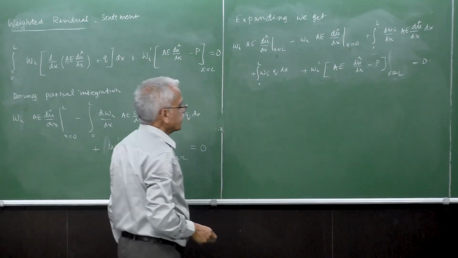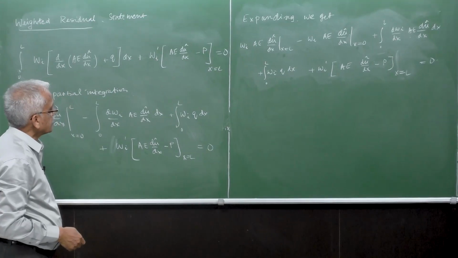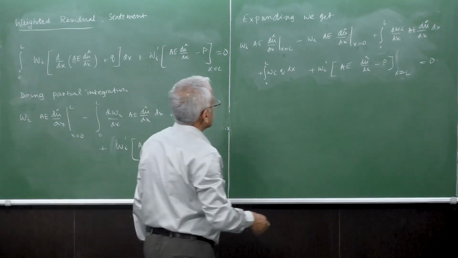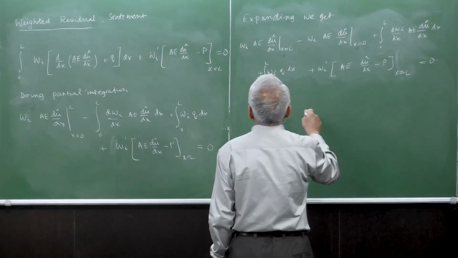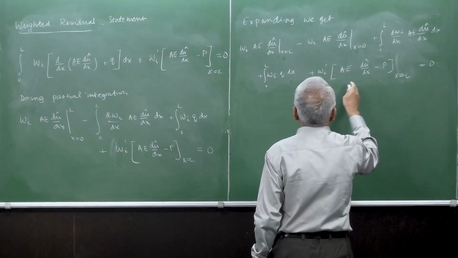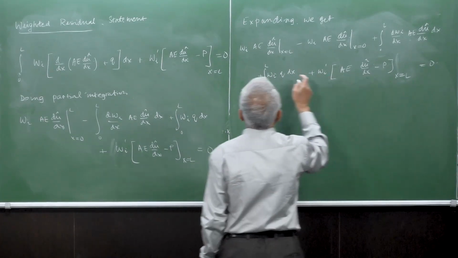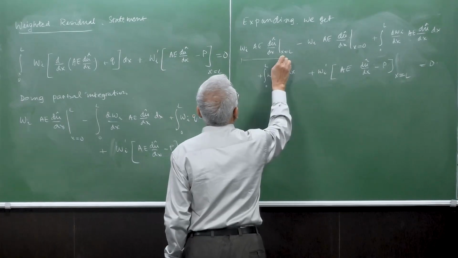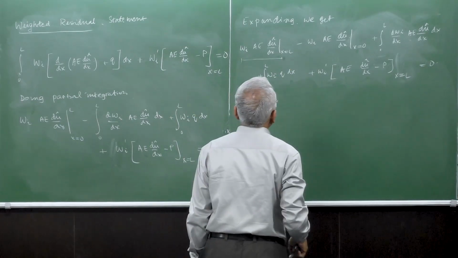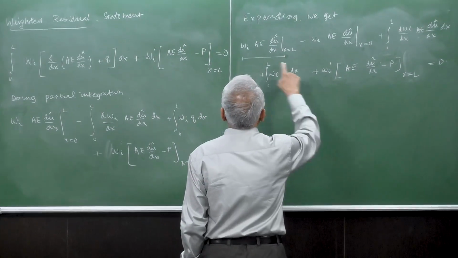So if you carefully examine these various terms, try to eliminate some of them. For example, at x is equal to L, there is ae du by dx which is occurring here, and is also appearing here. But then there's a wi prime here.